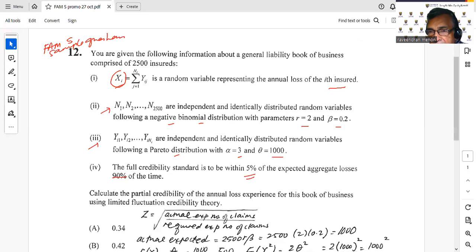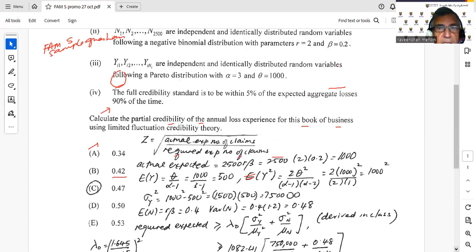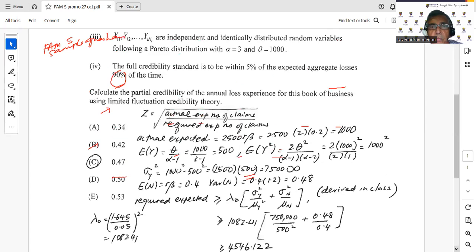Z will be equal to, we have seen this formula in my class, the square root of the actual expected number of claims divided by the required expected number of claims. Basically, it's actual over required.